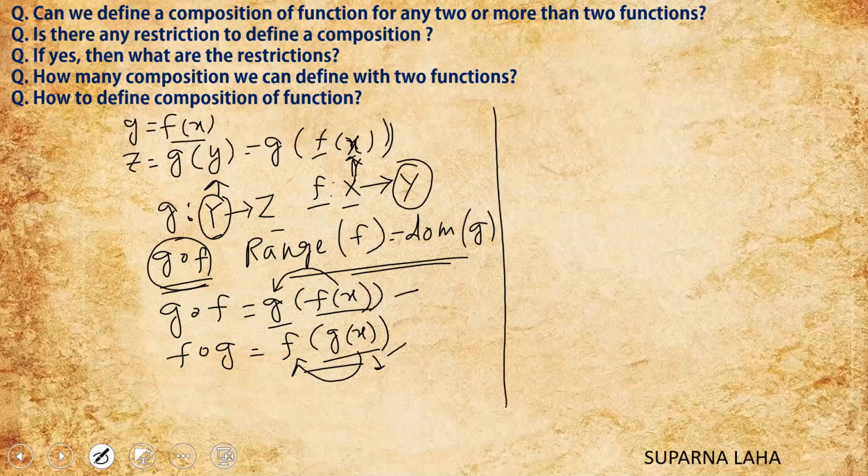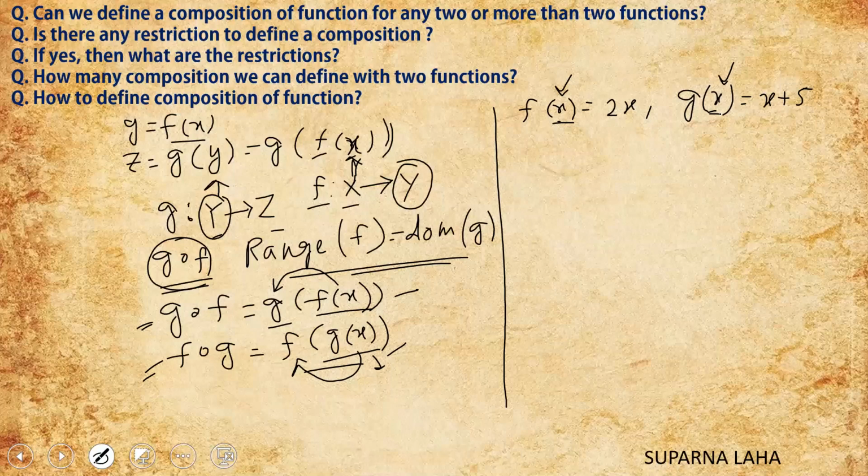Now take some examples. Let's check whether these two functions are the same or different. So here I am taking f(x) is equal to 2x and g(x) is equal to x plus 5. Now remember one thing, this x and this 2x are just a variable representing the elements of the domain of the function f or the function g, but these x are different.